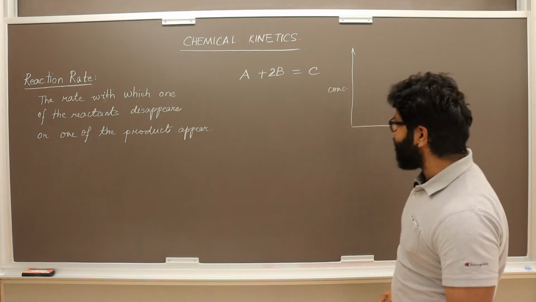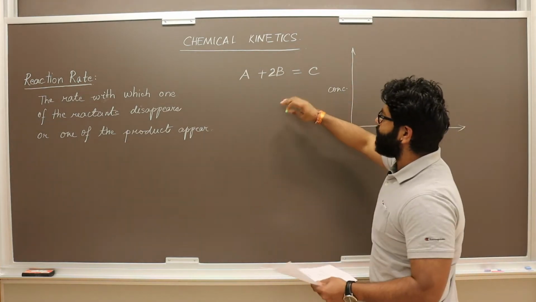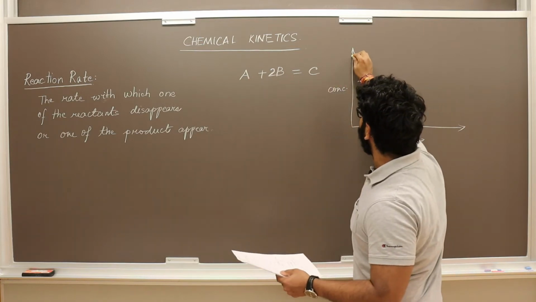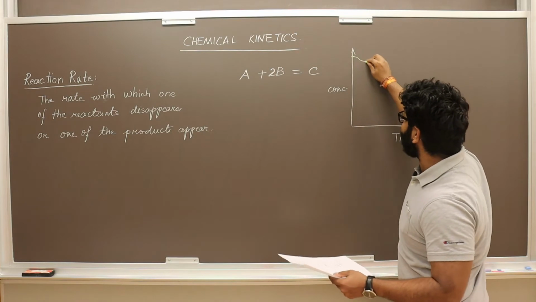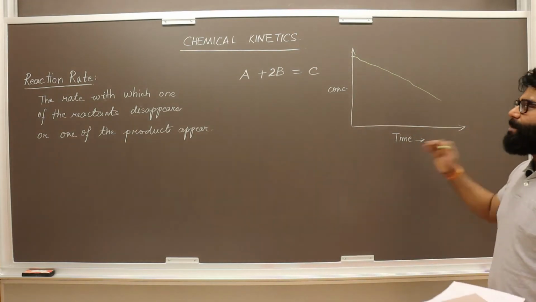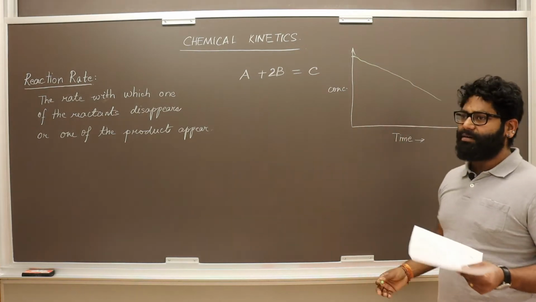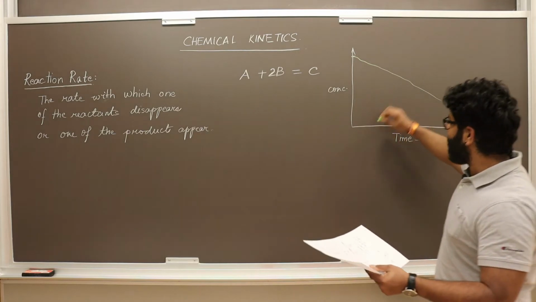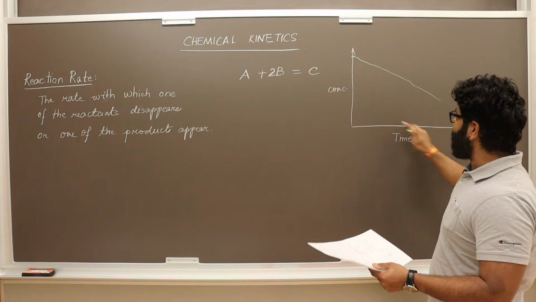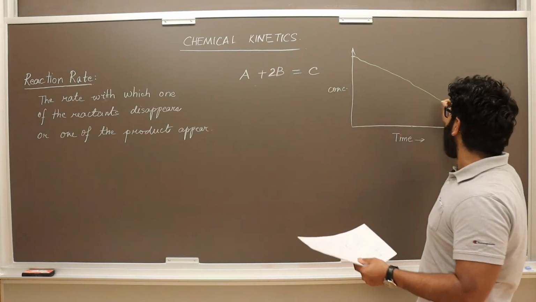So if you start off with A and 2B, at first you'll have some concentration of A, and then the concentration of A will decrease. Not necessarily in the same fashion, but some kind of curve will appear when you measure. So at each time point, you keep on measuring the concentration of A in that system, and then you can plot a curve like this.